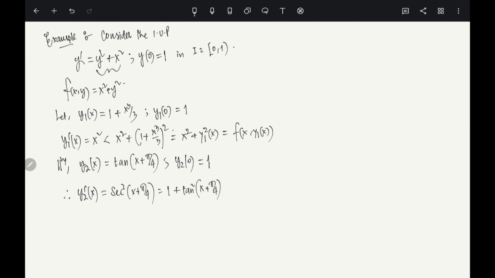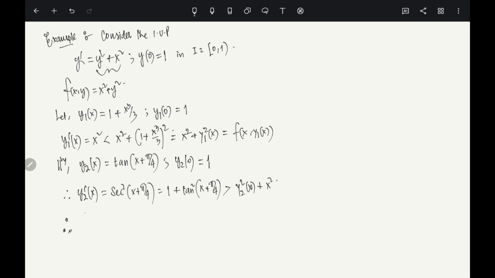Clear? Now this is dominated by, since tan square of (x plus pi by 4) is y2 square, so this is y2 square of x plus x square. See, x is always between 0 and 1, so 1 dominates x square. I can write it like this.